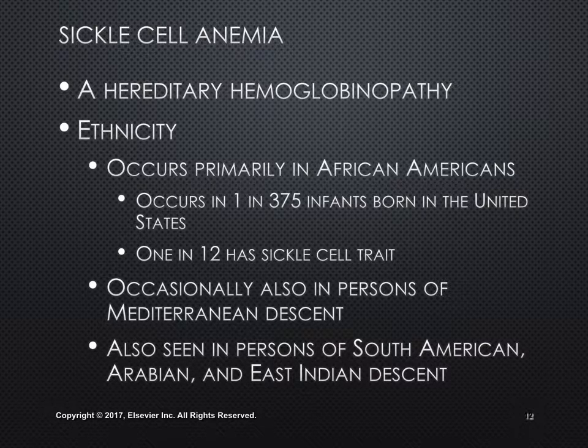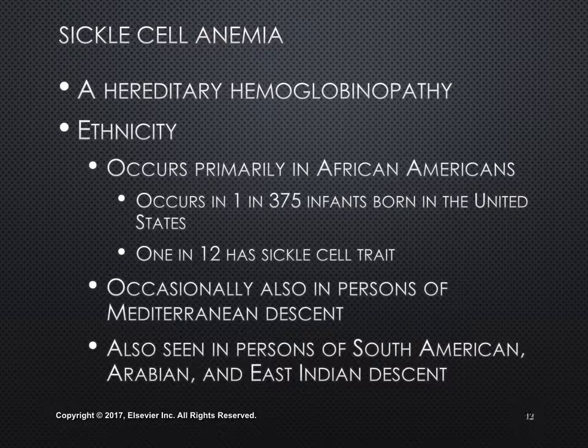Sickle cell anemia is a hereditary hemoglobinopathy. It primarily occurs in African Americans and occurs in about 1 in 375 infants born in the United States. 1 in 12 has sickle cell trait.